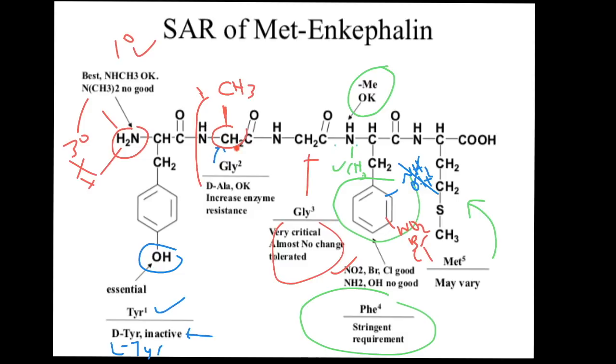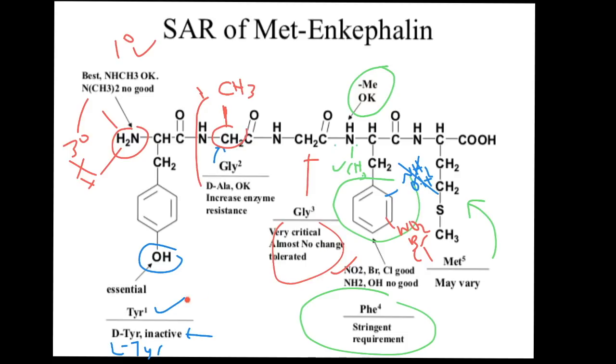Here's your glycine group. So, hold on, let's look at it from a big picture. Remember I said what are your amino acids that you need, that I said annoyingly? Tyrosine, glycine, glycine, phenylalanine.